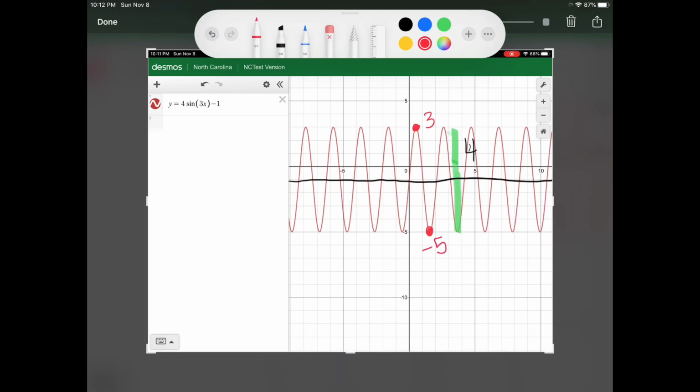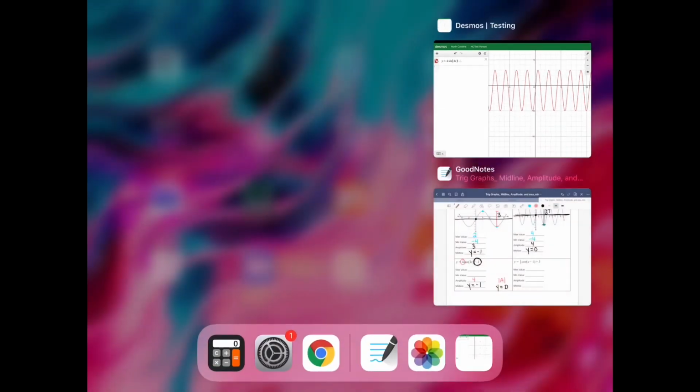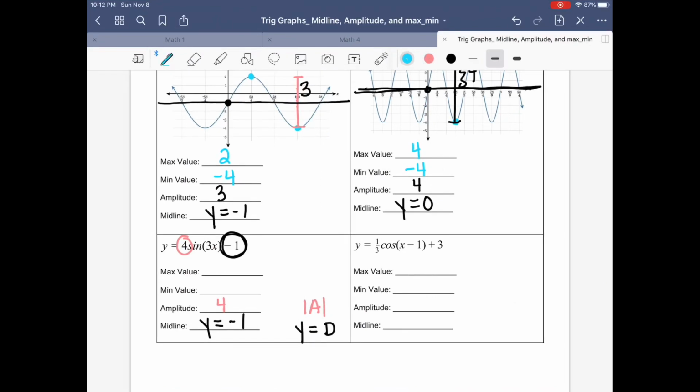My minimum is going to be at -5. All right, so for this one, we have 3 was our maximum value, and our minimum was at -5. All right, so if I do that same pattern, our amplitude is going to be the absolute value of A, so that would actually be 1/3 this time. And our midline is going to be y equals D, so y equals 3.